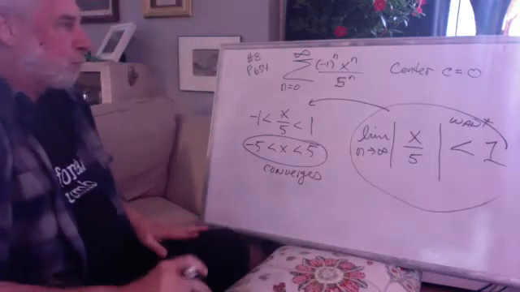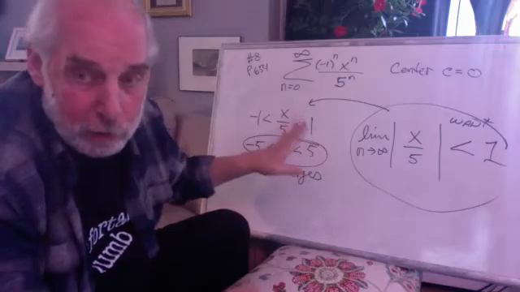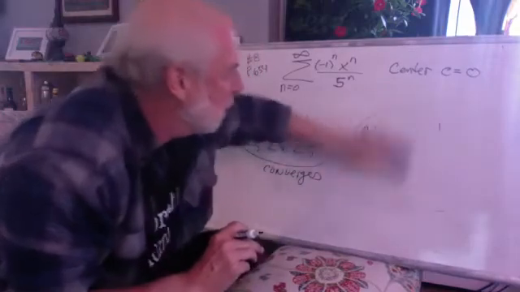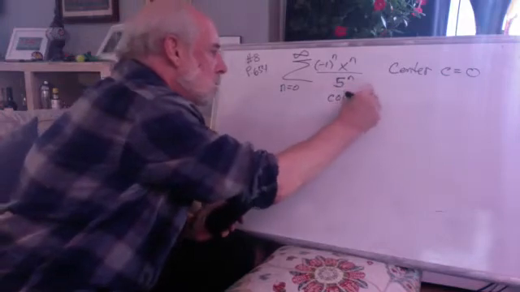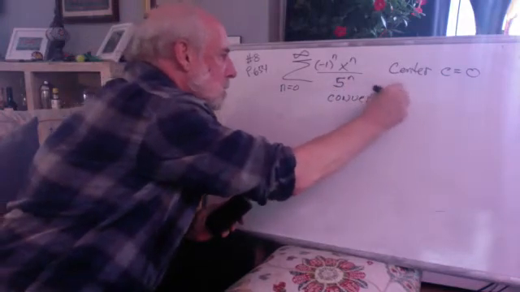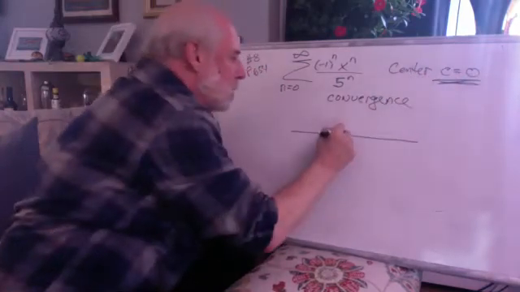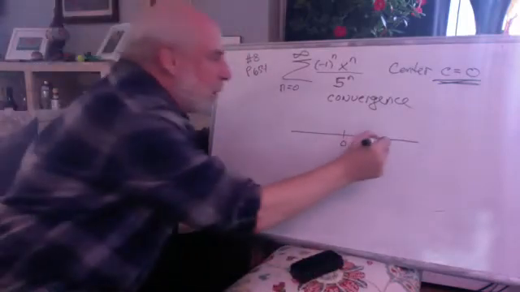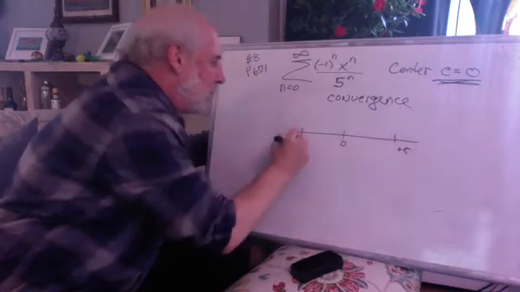All right. So now I'm going to draw you a partial picture of the solution. Our center is 0. So right there is the center. And up here is +5, and down here is -5.